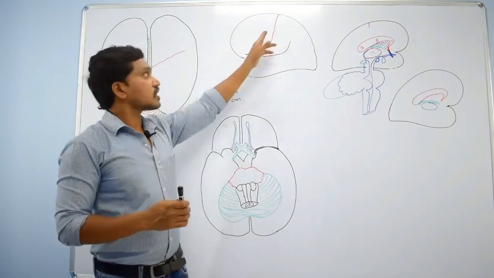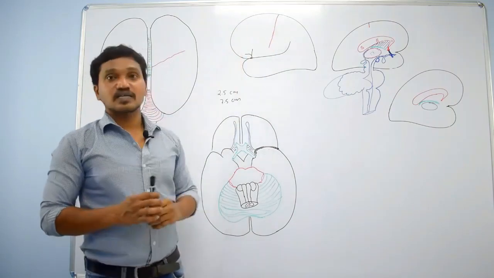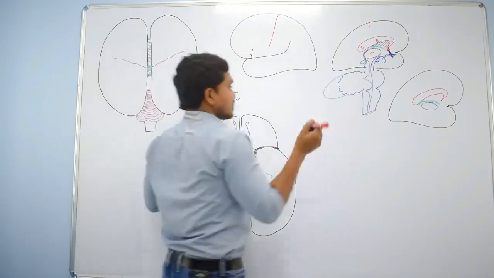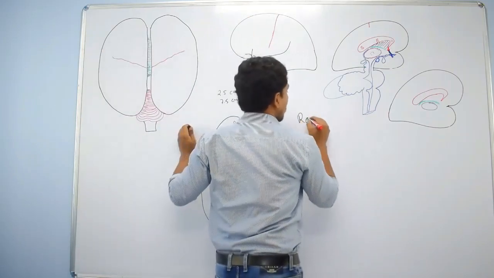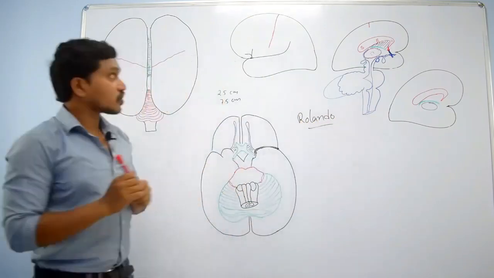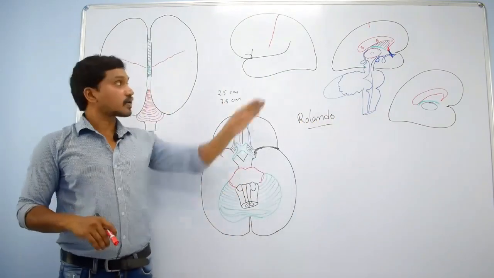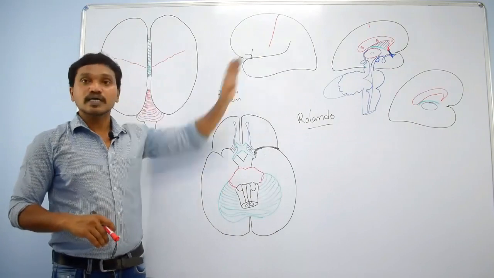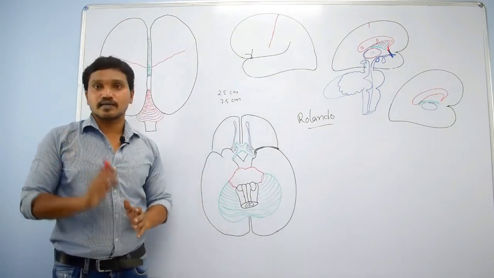The central sulcus is also called the central sulcus of Rolando. Clear?